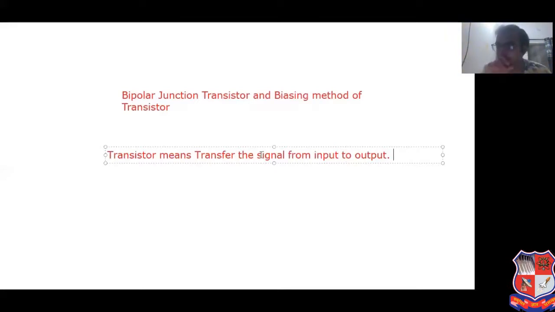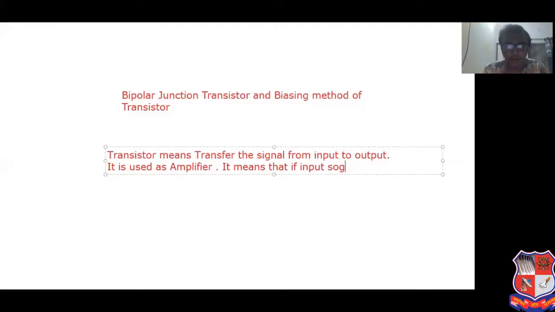Now, what is the important parameter of transistor and why do we study the concept of transistor? See, it is used as an amplifier. Means that the signal is changed.